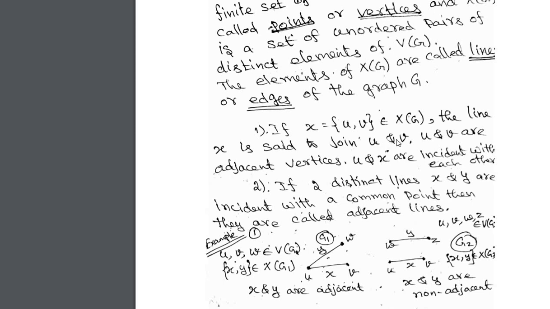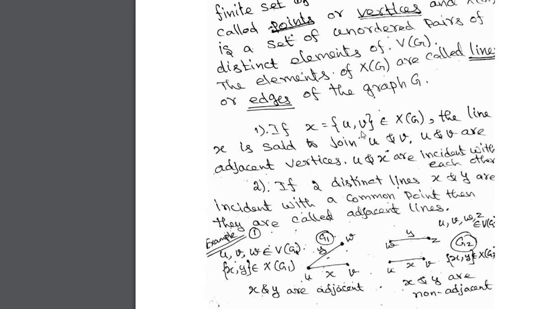So if there is a line between the two vertices u and v, they are called adjacent vertices. Also u and x are incident with each other; that is, a vertex u and the edge x are incident with each other. This is the way of representation.